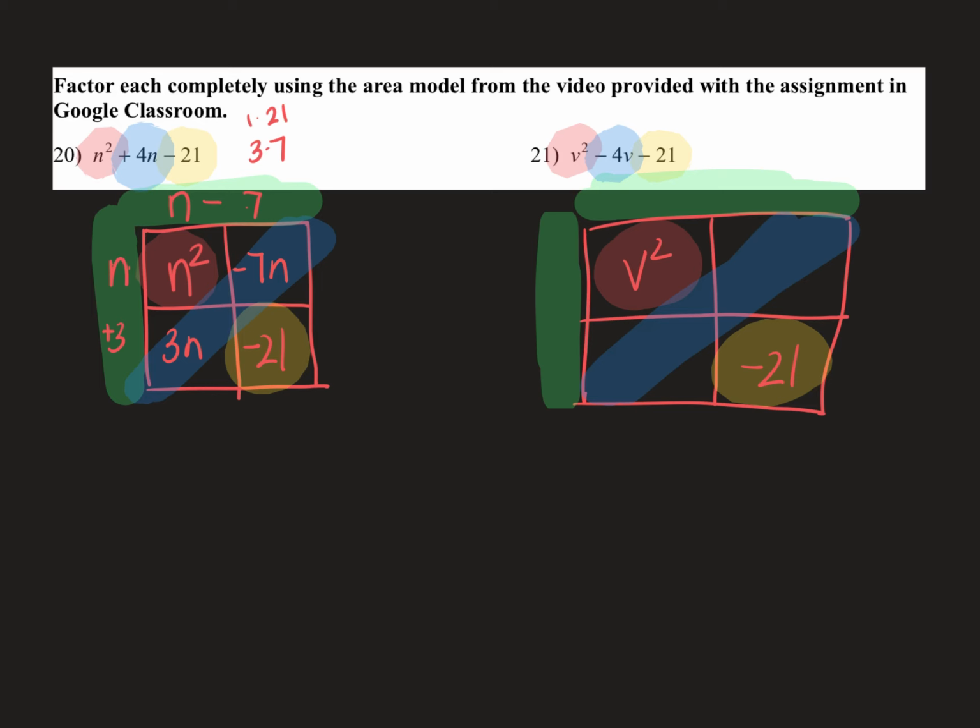So I'm going to make this a positive 7, and I'm going to scribble it out and make that a negative 3. So this would be positive 7n, this would be negative 3n. 7n minus 3n is positive 4n. So I have my answer.